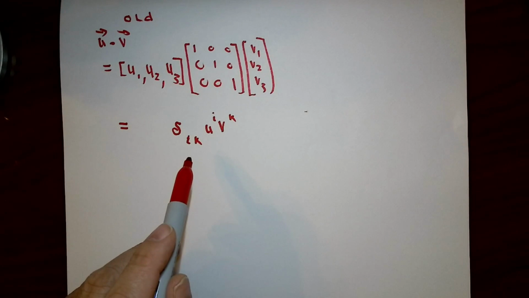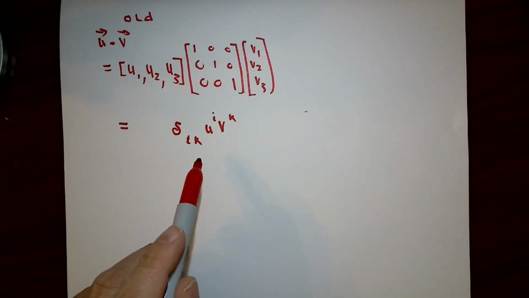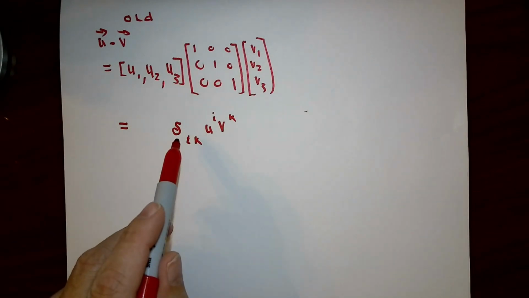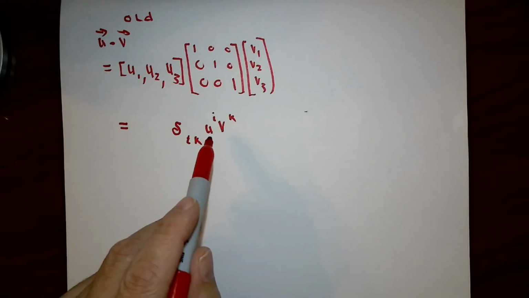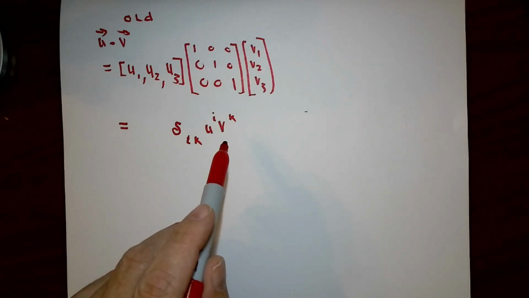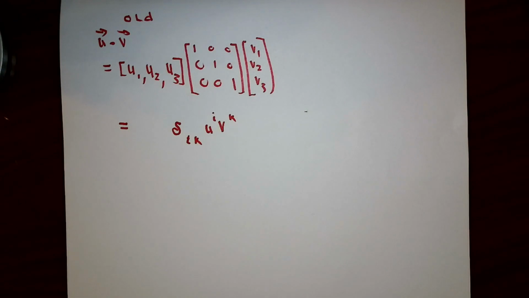This is the sum over i of the sum over k of delta ik, u component i, v component k. The only time that you're going to get a non-zero term is when indexes i and k are the same.